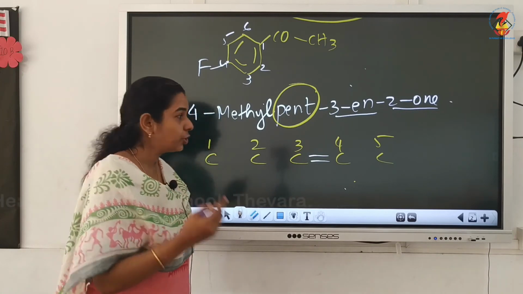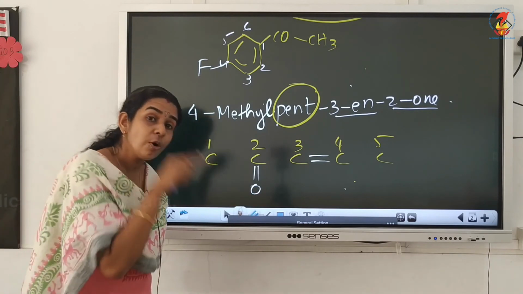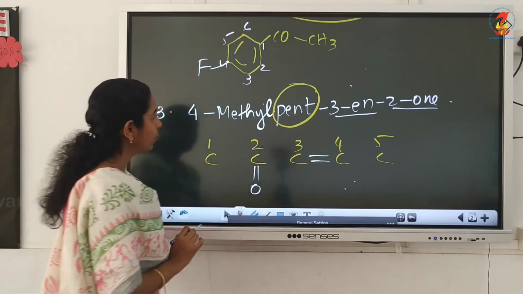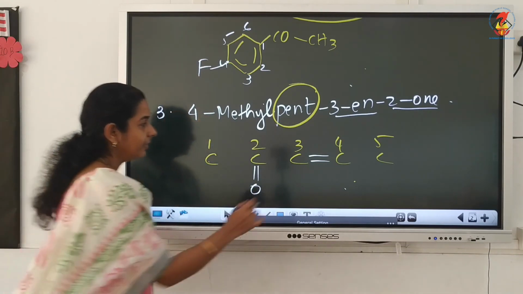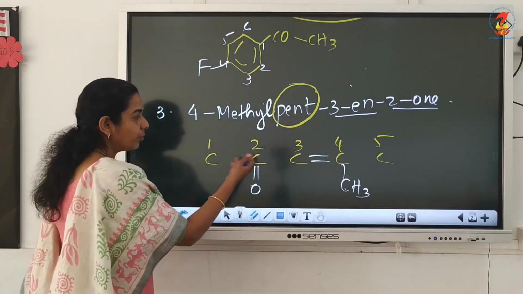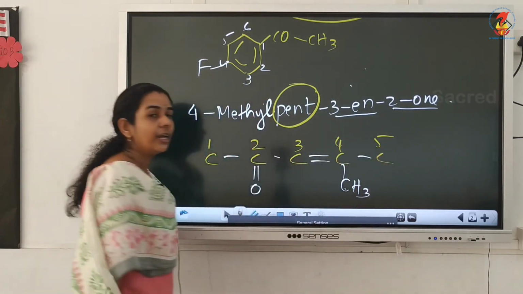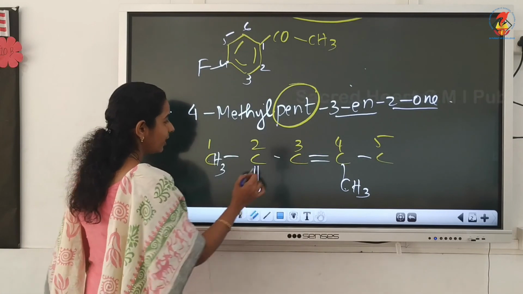The second carbon is the keto group. If we draw one keto group on the second carbon, the number of carbons will increase. Suffixes over. Do we have any prefixes? Yes. 4-methyl. So on the fourth carbon there is one methyl group. Nothing else. So what about the remaining carbon atoms? Definitely they will be singly bonded. Now satisfy the remaining valencies with hydrogen, that is CH3.